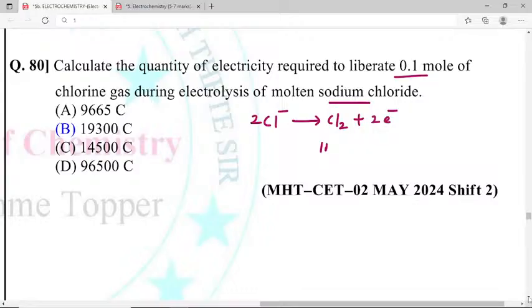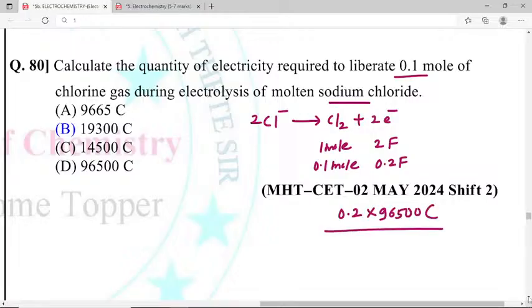So 1 mole chlorine requires 2 faradays. So I have 0.1 mole, so 0.2 Faraday. So 0.2 Faraday multiplied by 96500 coulombs. So this is your answer.